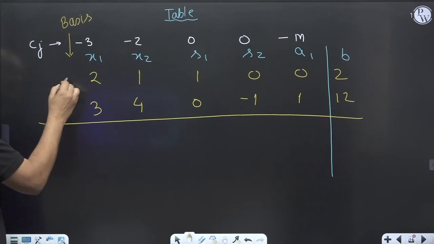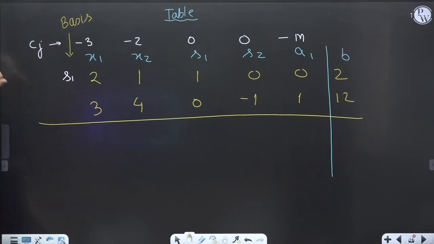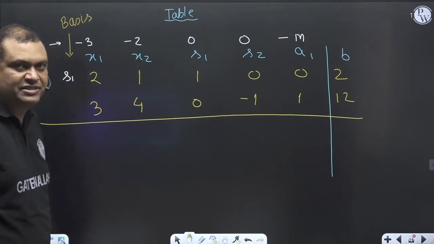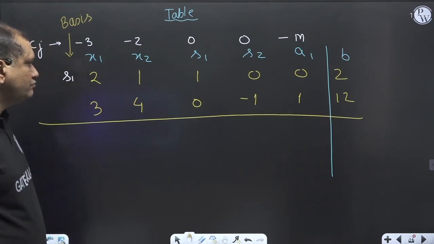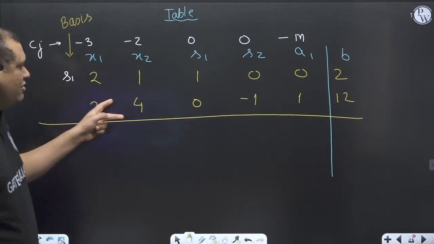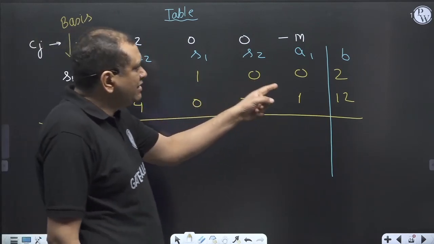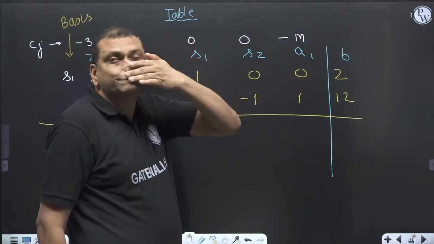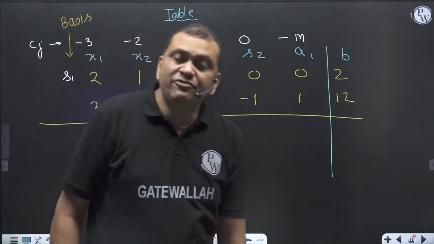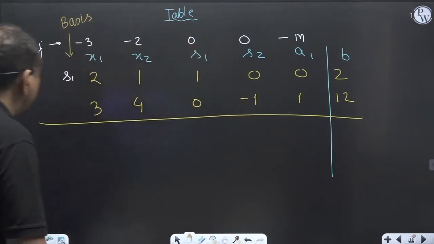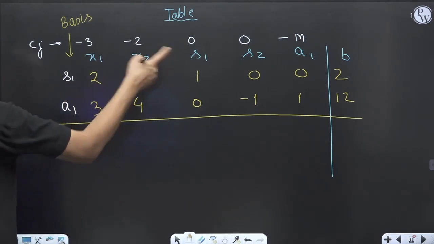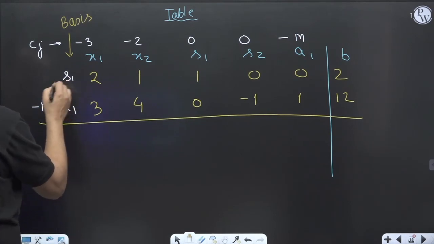In the first constraint there is a slack variable, so there is no problem; the slack variable will come to the basis first. In the second constraint there is a surplus variable and an artificial variable, so the artificial variable comes to the basis first. The coefficient of the artificial variable is -M, and s1 is 0.